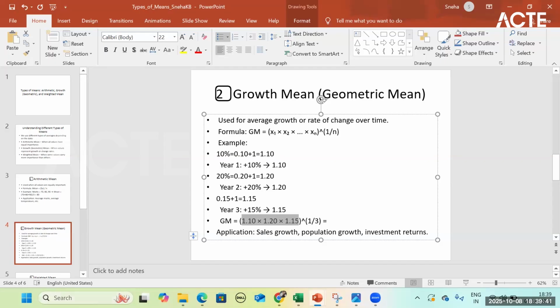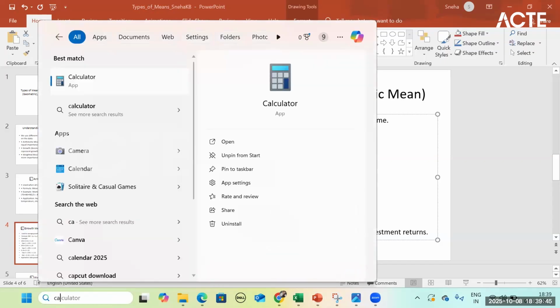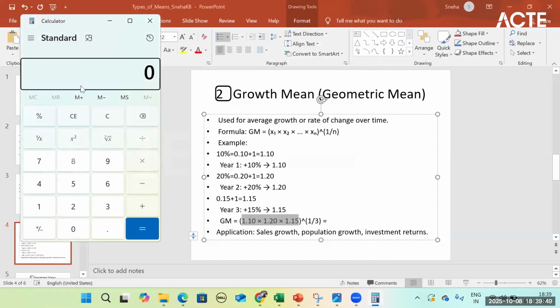I will open the calculator over here. 1.518, ma'am. 1.10 into 1.2 into 1.15.